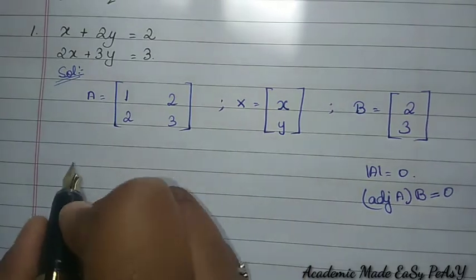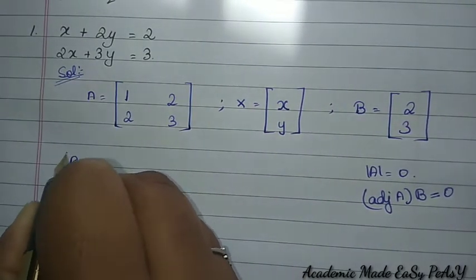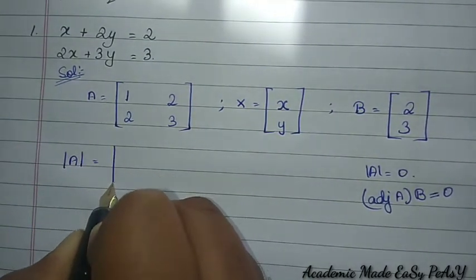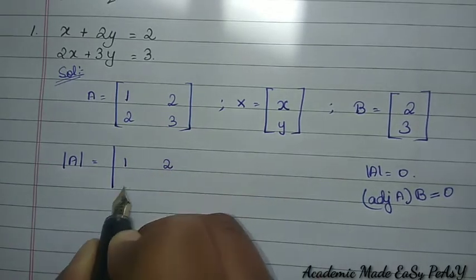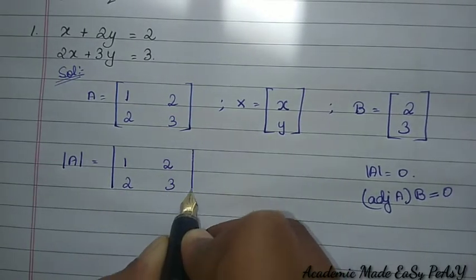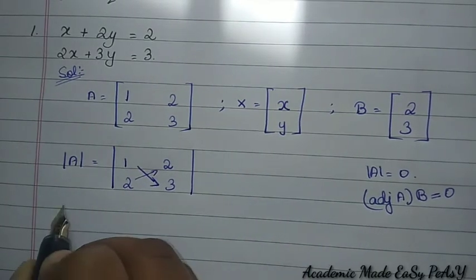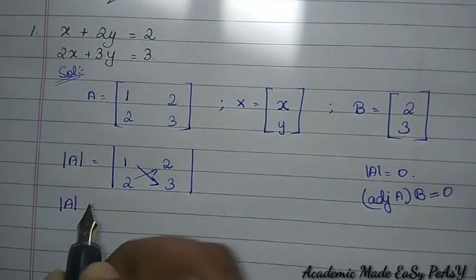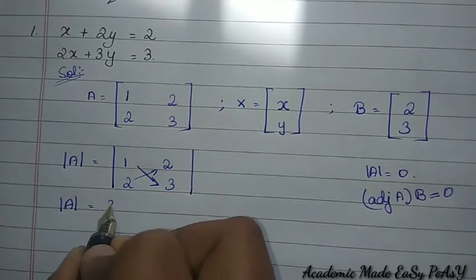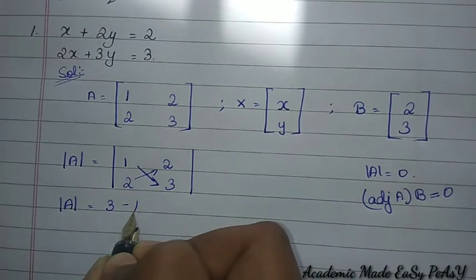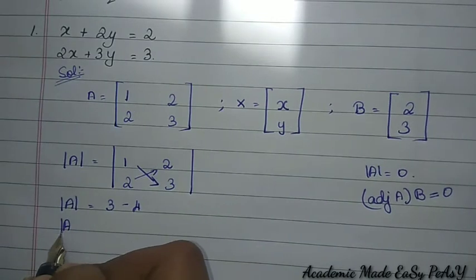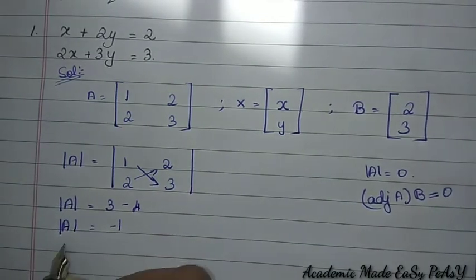Okay, so here first let me find the determinant of A. Determinant of A is equal to |1 2; 2 3|. For this I will be using the cross method. So determinant A is equal to 1 threes are 3 minus 2 twos are 4. So determinant A is equal to minus 1.